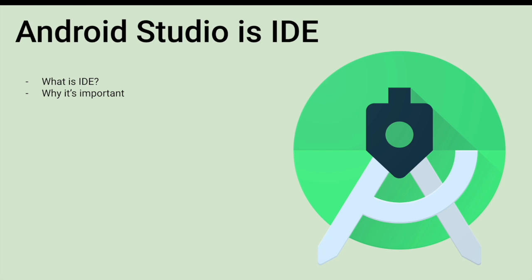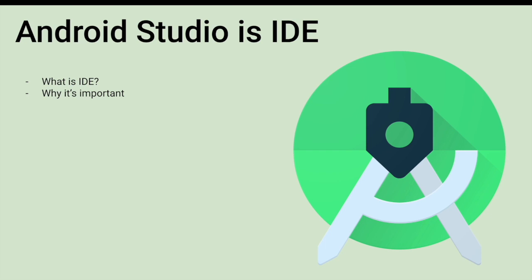So IDE is Integrated Development Environment. This is a software application that helps programmers to develop software efficiently. It increases developer productivity by combining capabilities such as software editing, building, testing, and packaging in an application.